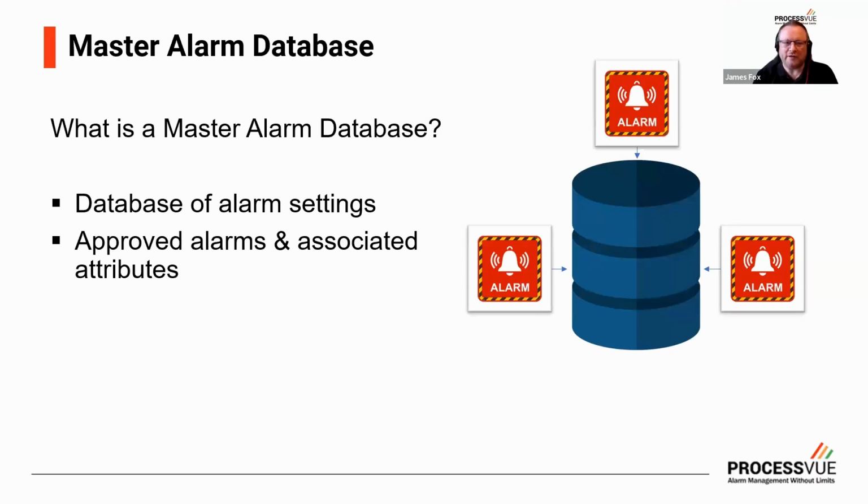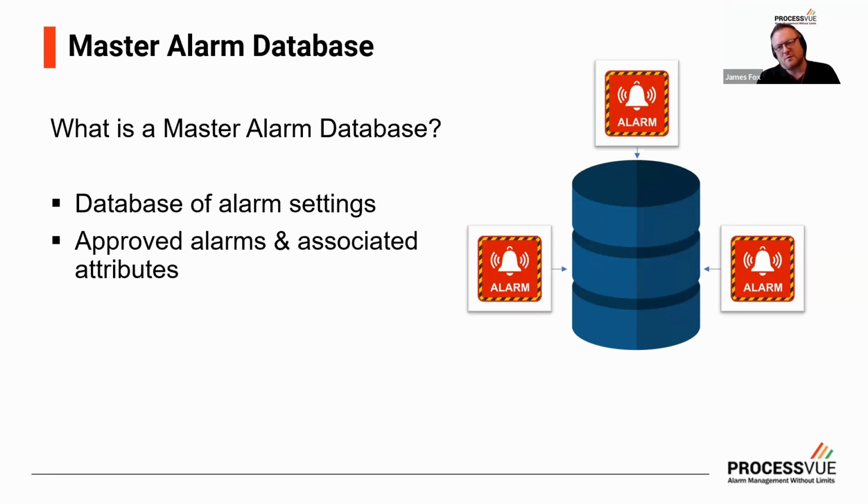So what is a master alarm database? Well, according to the standard, ISA 18.2, it's a central repository of all of your authorized alarm settings and their associated attributes. So effectively, it's a database of your alarm configuration.